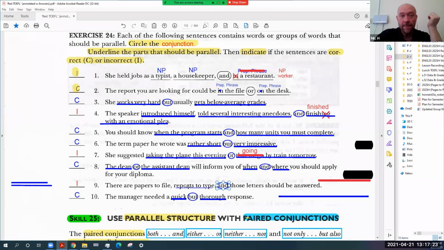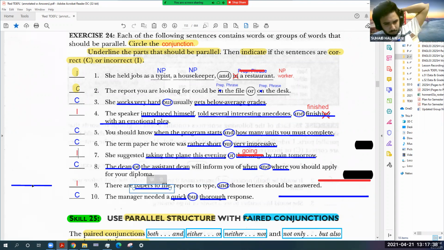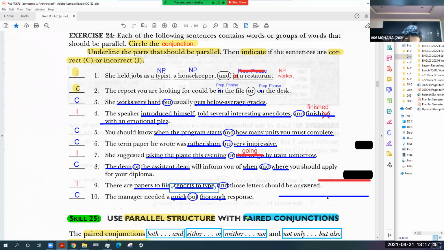Papers to file. You see there's a comma, and. So papers to file. Second structure, reports to type. And the last one, this letter should be answered.